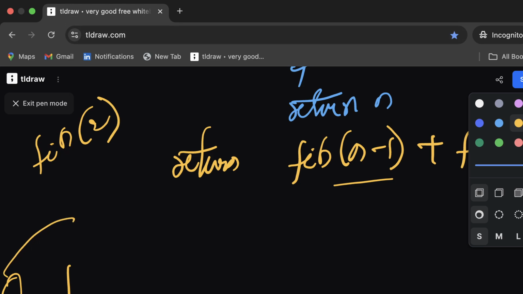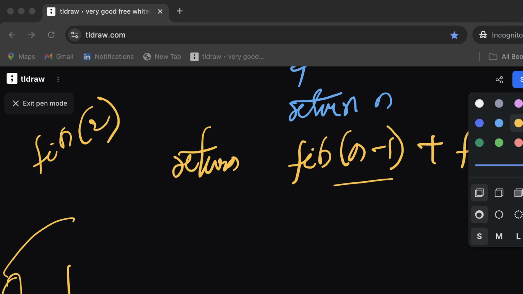So the second term is going to be the sum of the previous two, right?